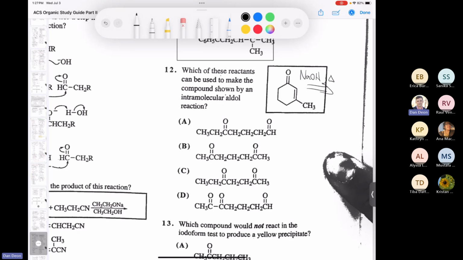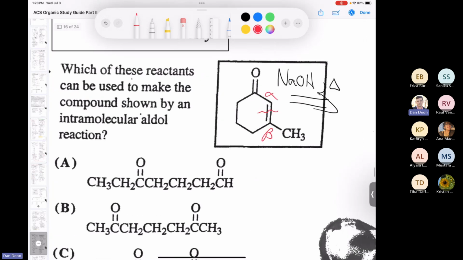But I helped you come up with a way that we do the retrosynthesis. This is our alpha carbon, this is our beta carbon, so it's to break apart that part of the molecule. And so we have 1, 2, 3, 4, 5, 6, 7.